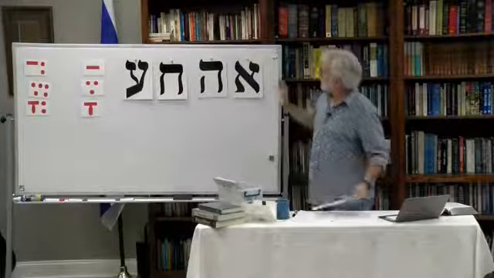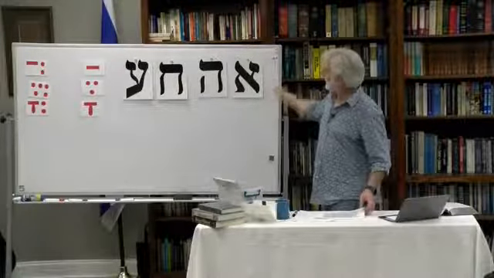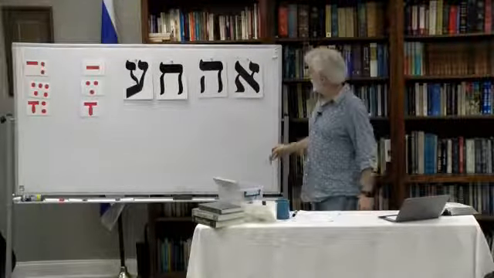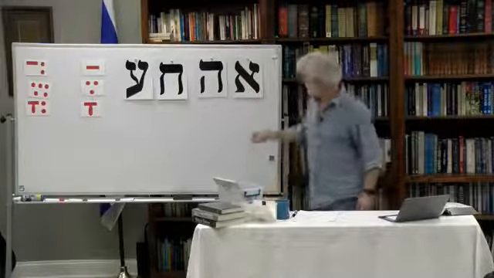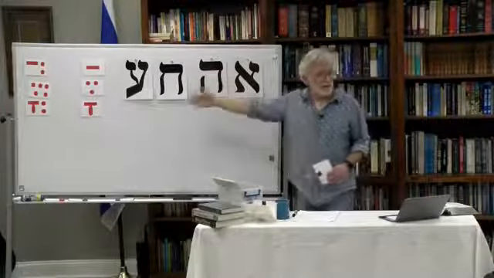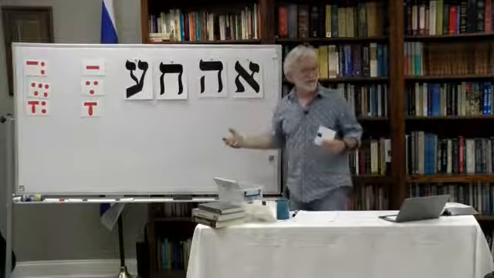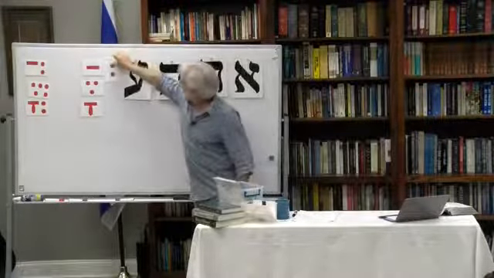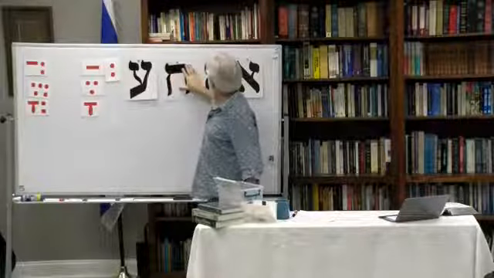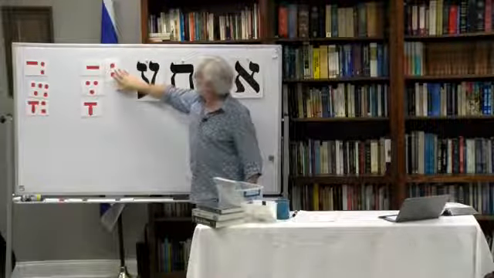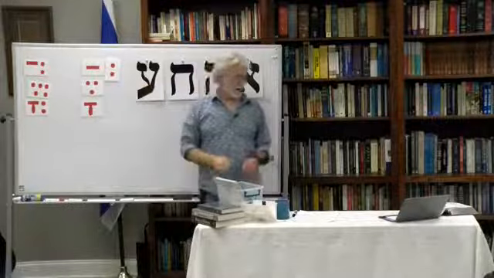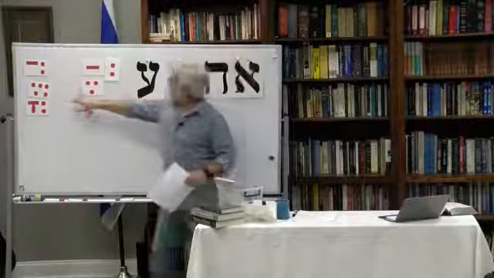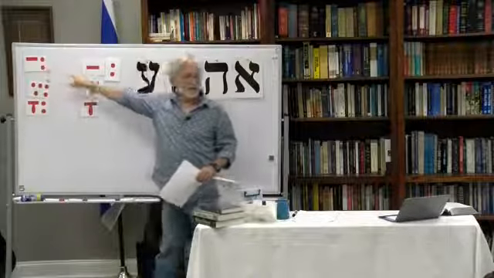So what this is telling us is that underneath the gutturals, rather than finding a Shiva, you have to combine it with one of these short vowels to give it what's needed in order to pronounce it. So if I put my Shiva with the patak, look what I get. We get this vowel, okay?